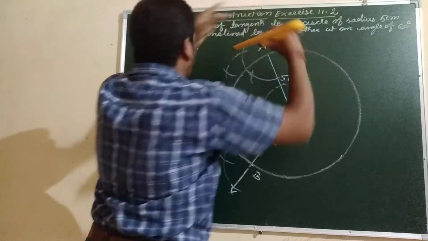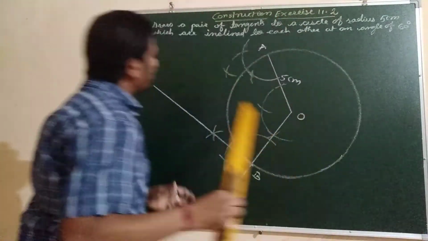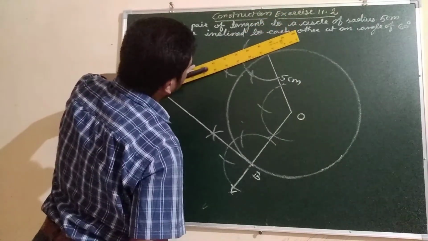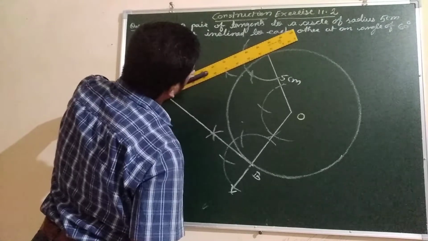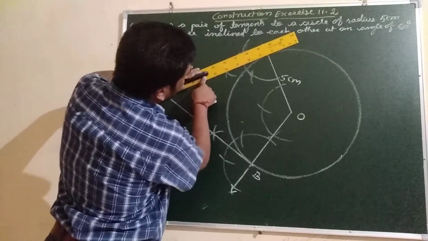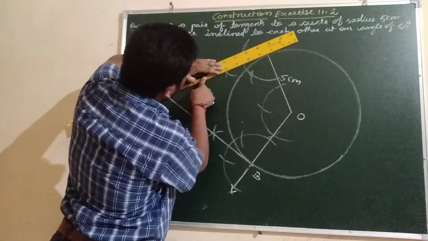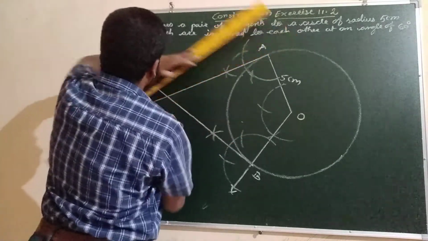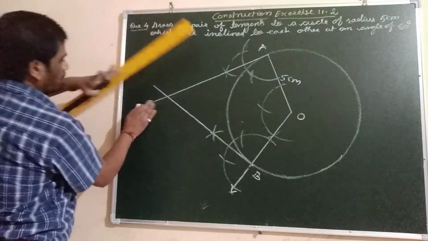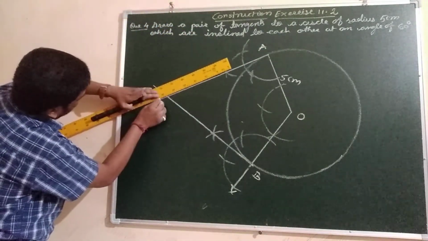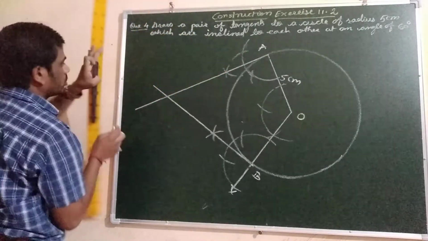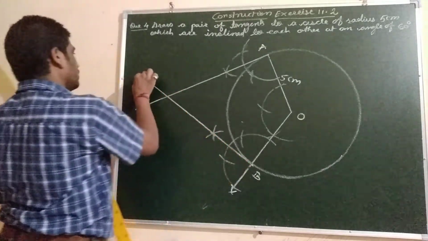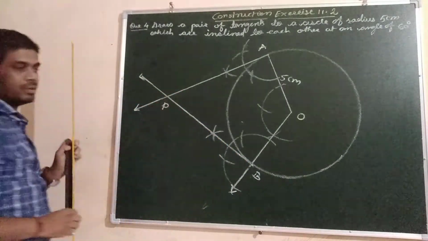Wherever both the arcs intersect, we can join that point with A, and draw a line segment from A which passes through this point. Wherever both the line segments intersect, this point will be P.